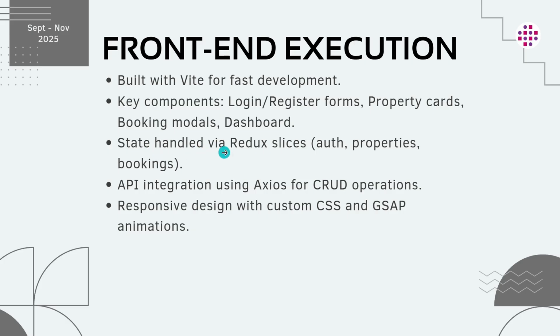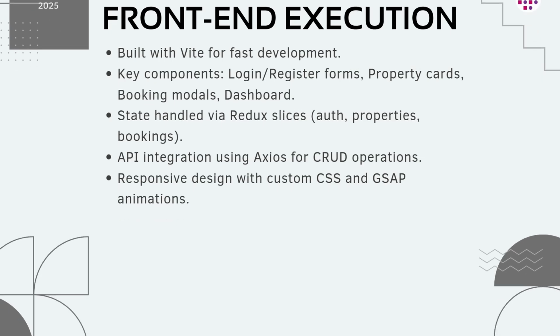Then the state was handled using Redux slices: auth, properties and booking. Then API interactions were managed using add-ons for CRUD operations with the backend. At last, responsive designs were made with custom CSS and GSAP animations to give a smoother experience to the user.